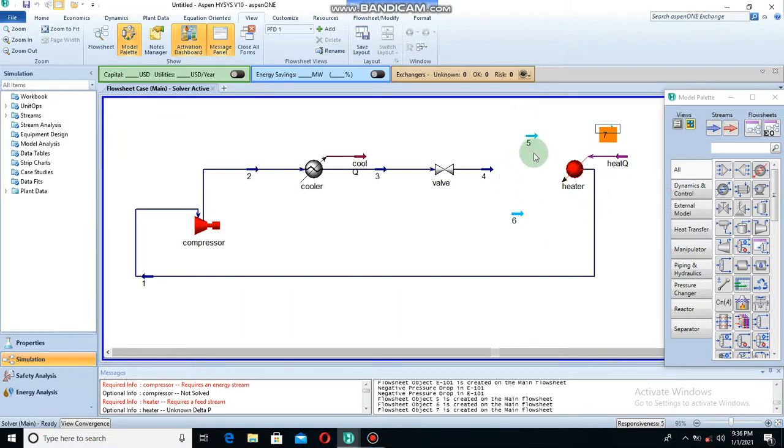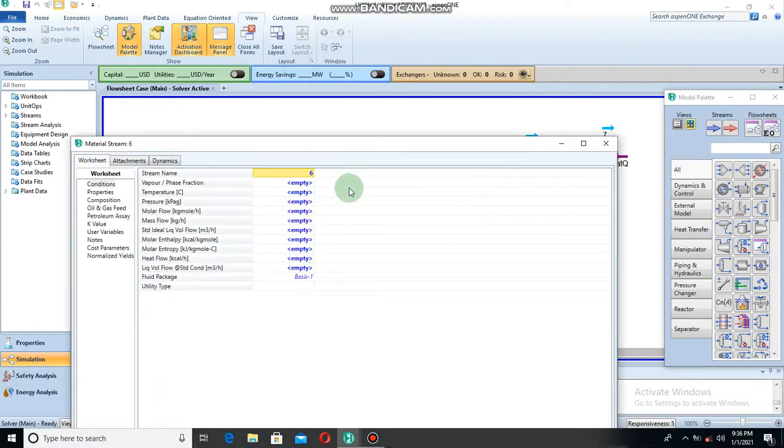I'm going to use stream 6 to represent another stream of propane. This stream of propane is at 50 degrees and a pressure of 300 kPa and a flow of 100.